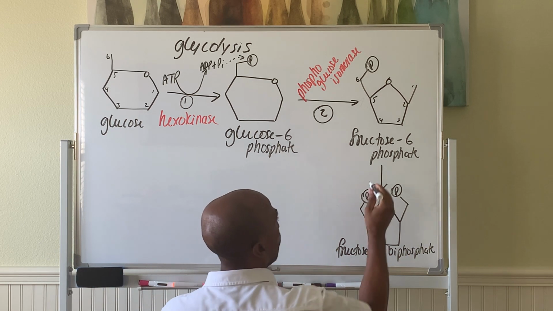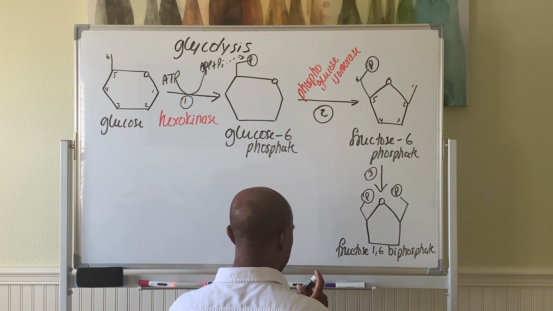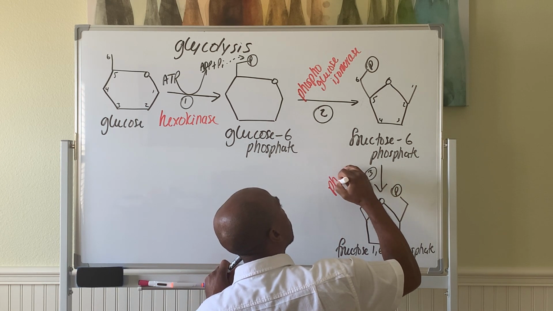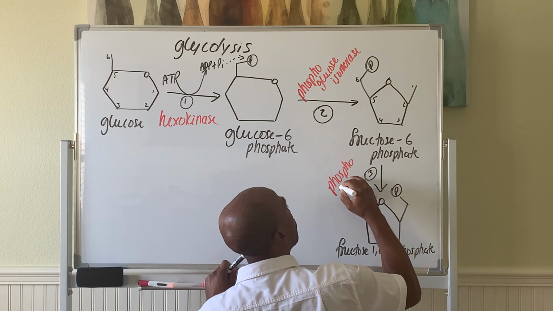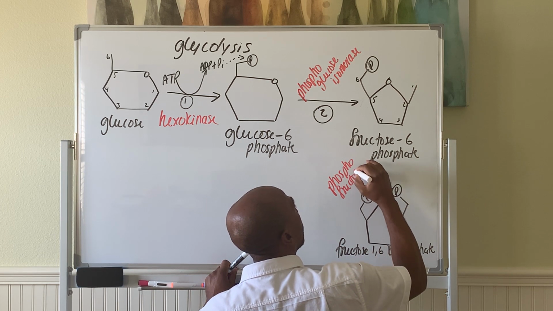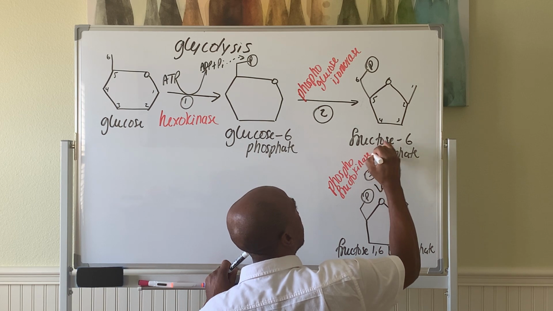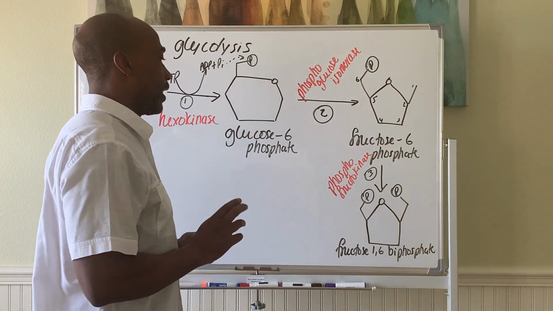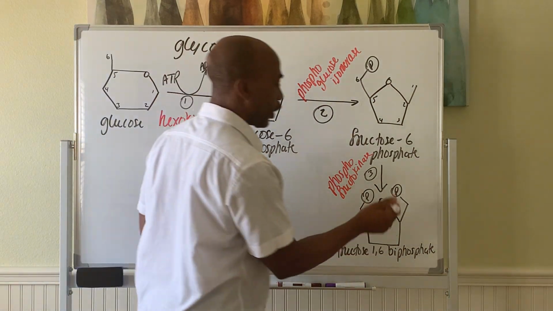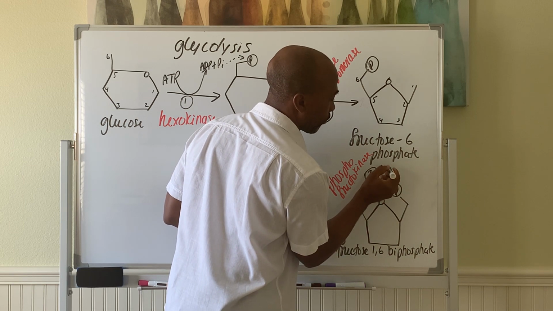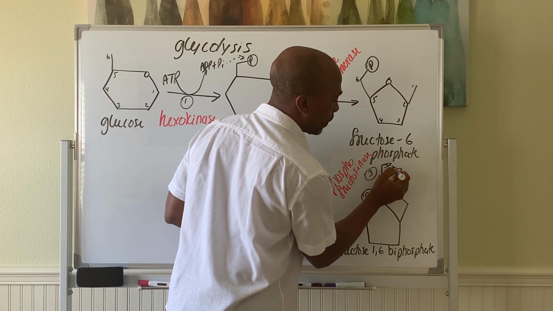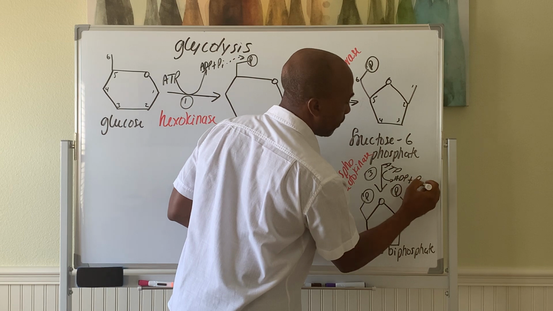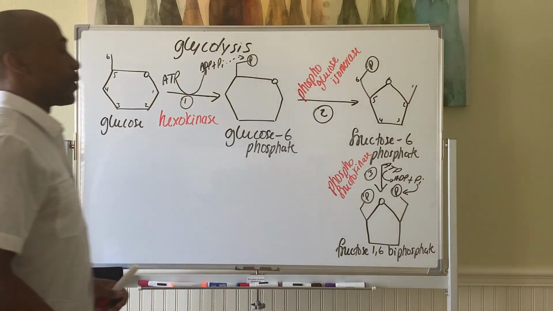That's reaction 3. And that's done by an enzyme called phosphofructokinase. So phosphofructokinase converts fructose 6-phosphate into fructose 1,6-biphosphate, and here again, this extra P comes from ATP. So ATP is brought in, broken down into ADP plus Pi, and Pi goes here. Okay, so that's reaction 3.